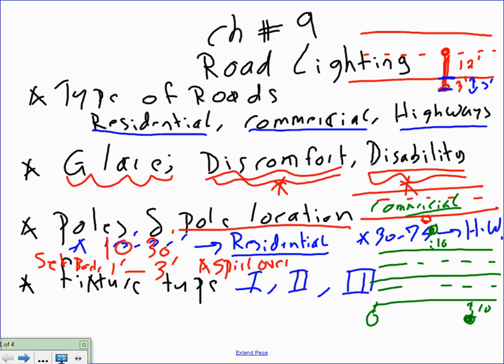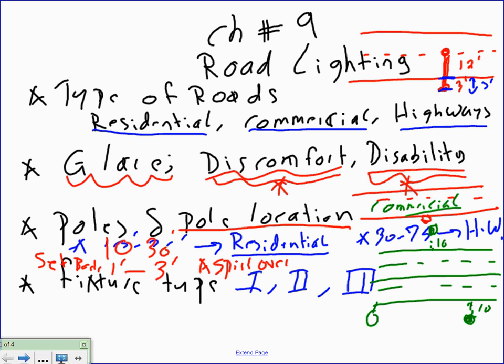The higher the pole, the less we can control the spill of the light. If you have a shorter pole, guys, you can control the distribution of the light better. So why do you think in residential you have a shorter one? With a shorter one, I can make sure that all the light is thrown right at the street and not inside somebody's bedroom. Any question about the poles?